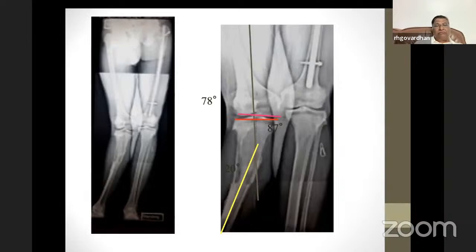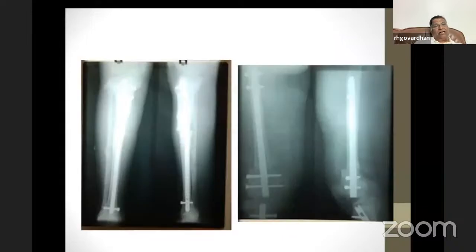Now, the same principle can be adopted if you are doing multiple levels in a patient like this who had deformity in the distal femur and proximal tibia, and he didn't want any Ilizarov. So we followed the principles of deformity correction, but instead of using the Ilizarov frame, we used internal fixation. This is how a dome is created.